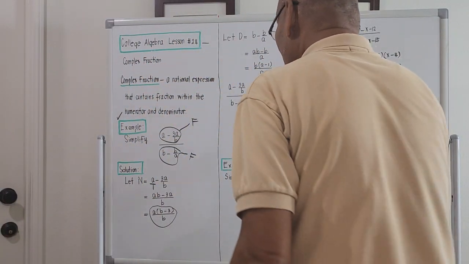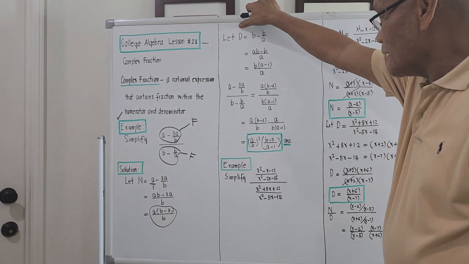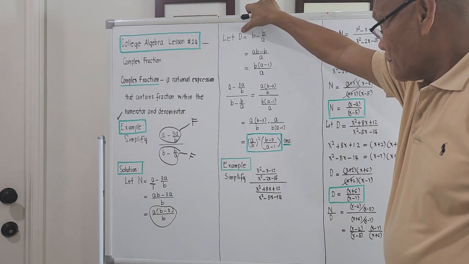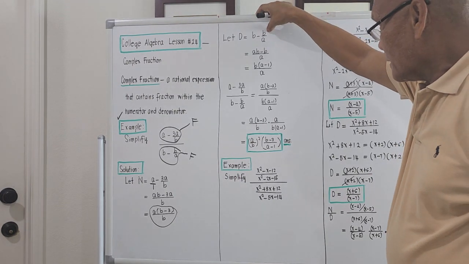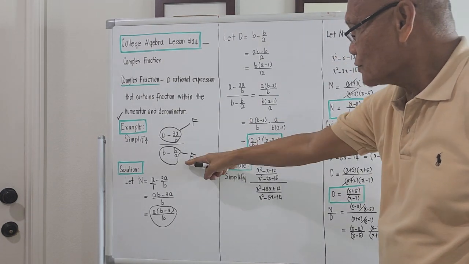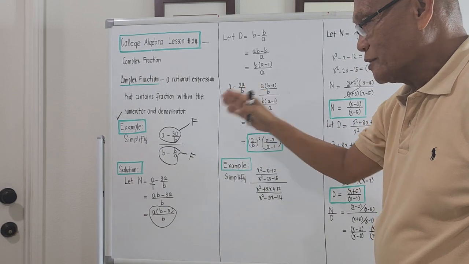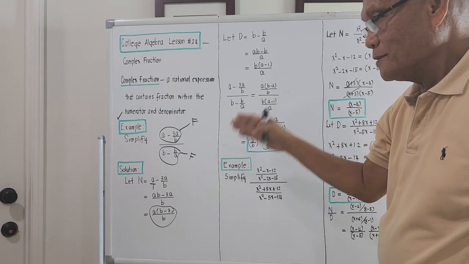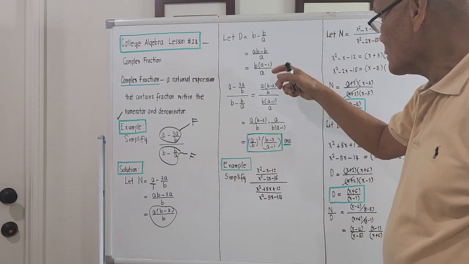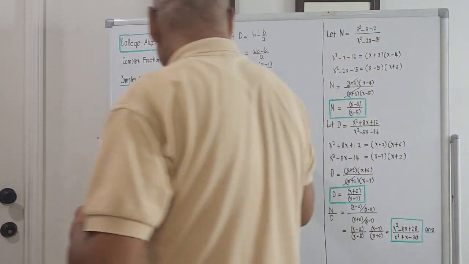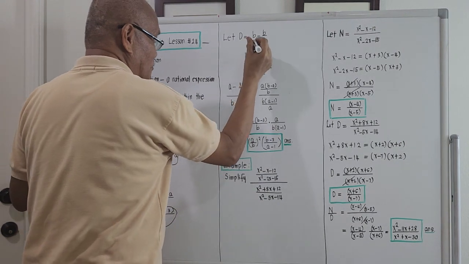Next step, we will represent the given denominator as capital letter D, and this should be equal to B minus B over A. We'll simplify the denominator also separately. It's the same procedure. B is just B over 1.